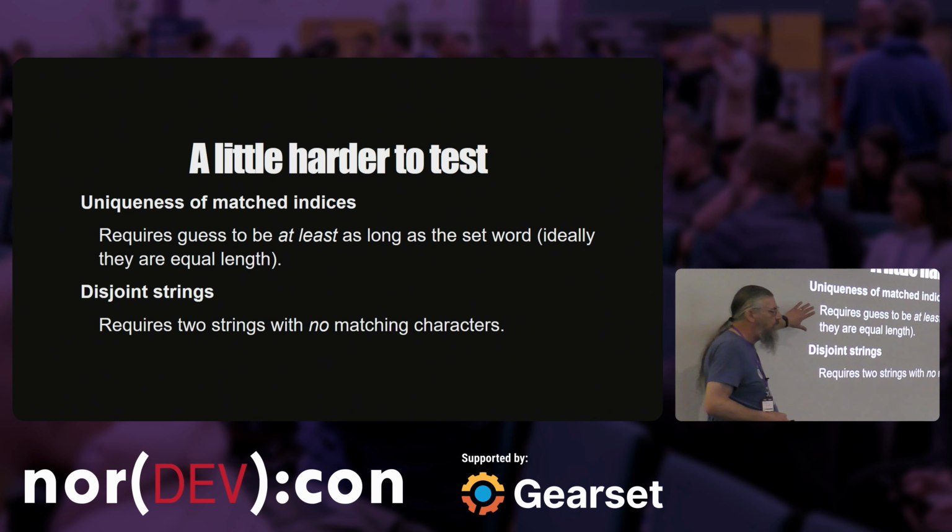So we have to provide two strings that have this property, that they are of the same length, is the easiest way to think about it. And disjoint strings similarly have to be the same length, but it requires that those two strings have no matching characters. So again, we need a way of curating the inputs to our property tests. And FSCheck provides us the facilities for doing that.